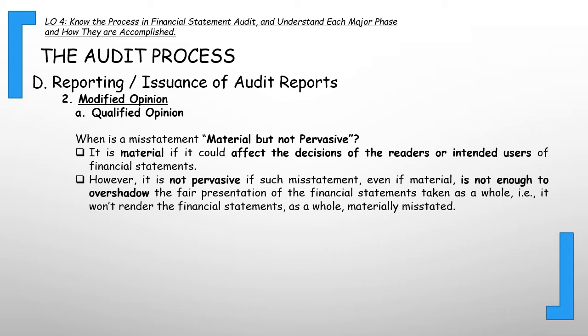Sabi niya, material daw if the information involves the transactions, amount, or account that represents 10% or more or 5% or more. Yung 10% or more para dun sa mga non-listed, yung 5% or more para dun sa mga listed. Represents 10% or more or 5% or more of the total of related accounts or transactions.